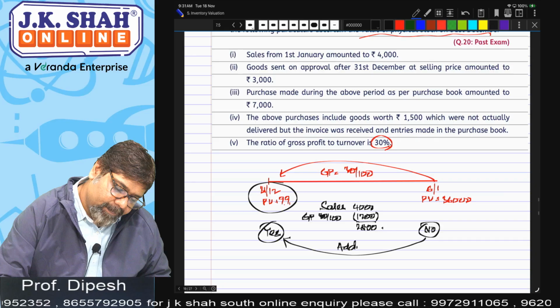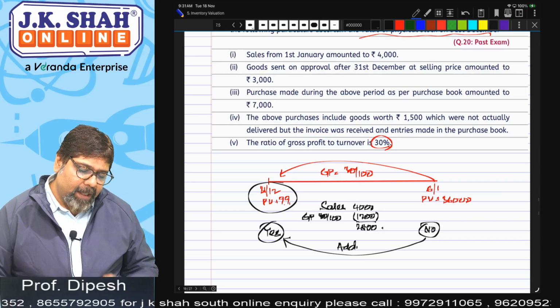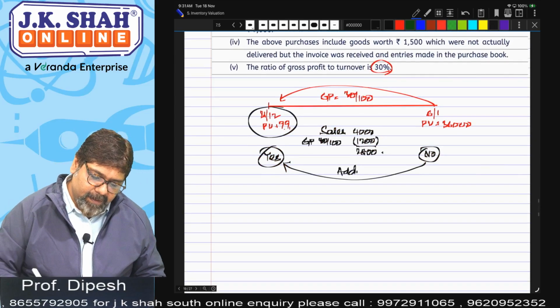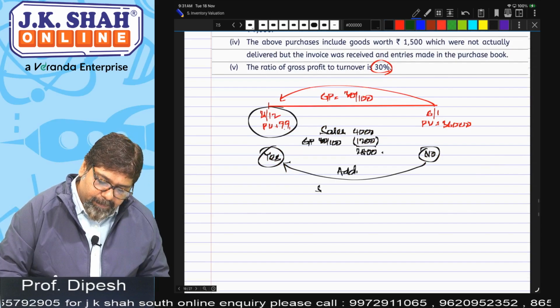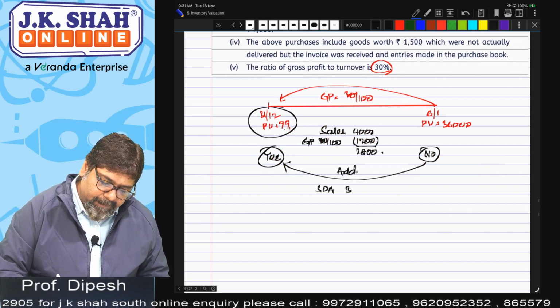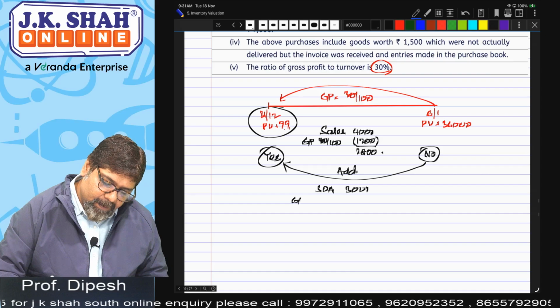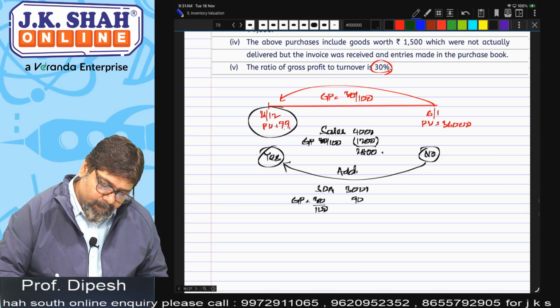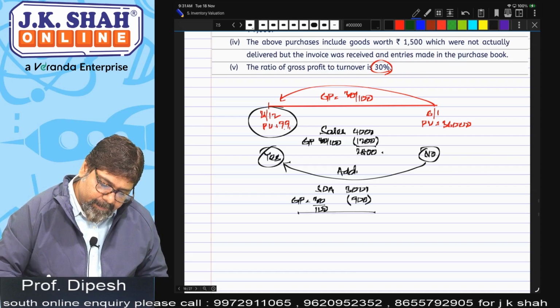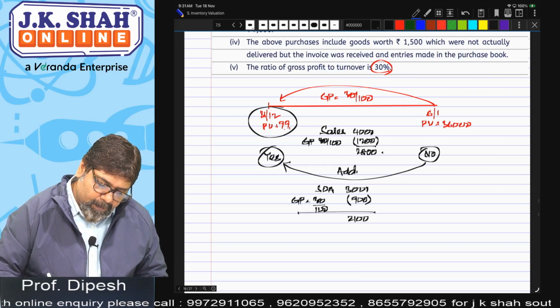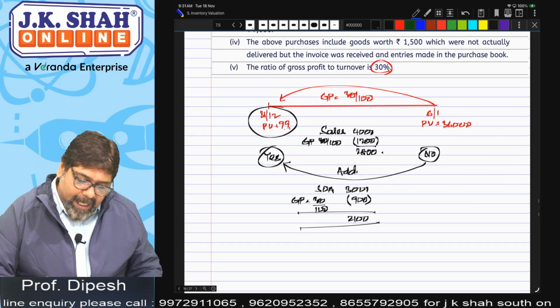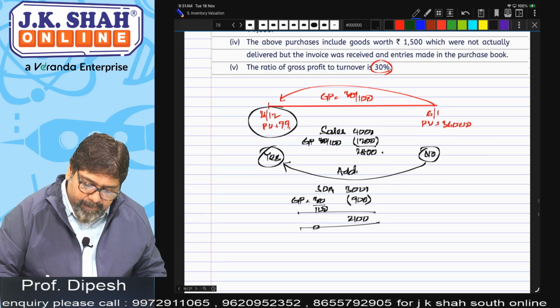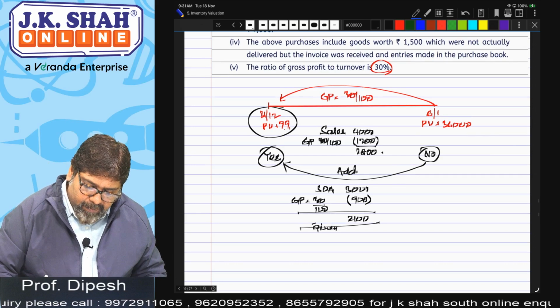Now, goods sent on approval after 31st of December. So sale on approval after 31st December is 3,000. GP 30 by 100 is 900. So 2,100. Again, this is goods given.